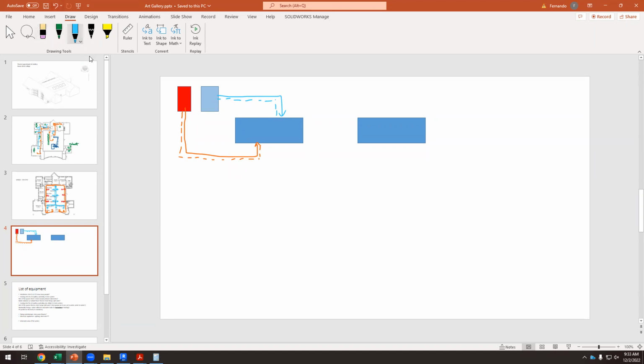Okay. Then I need ducts. Supply and return. And this is the art gallery and the lobby.